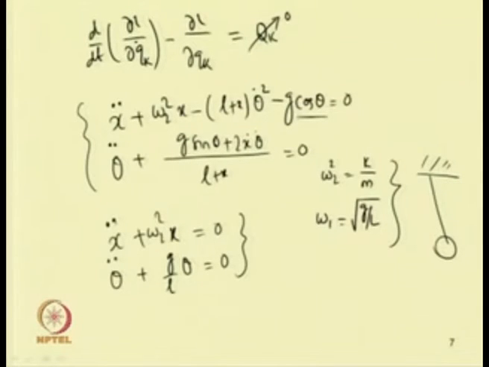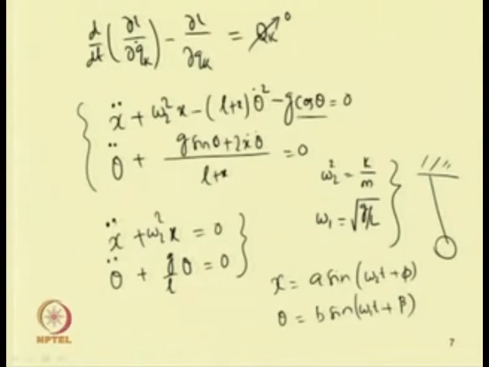So, these are two uncoupled equations, and one can obtain the solution of these uncoupled equations: x can be a sin(omega 2 t plus phi), and theta can be b sin(omega 1 t plus beta).